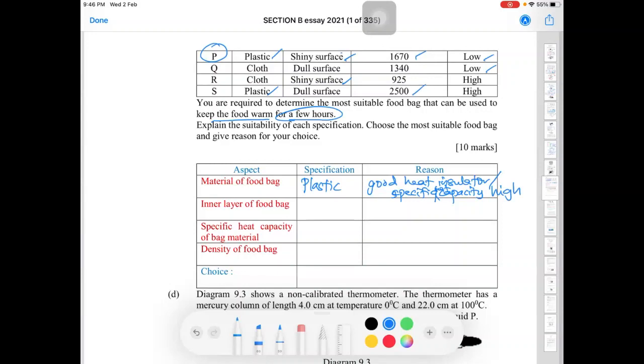Okay, so inner layer of the food bag you nak apa? You nak shiny surface. Shiny surface. Tulis penuh. Okay, so that it can reflect heat. Okay. Back to the food. Okay. Ataupun boleh juga less heat loss to the surrounding. Less heat loss to the surrounding.